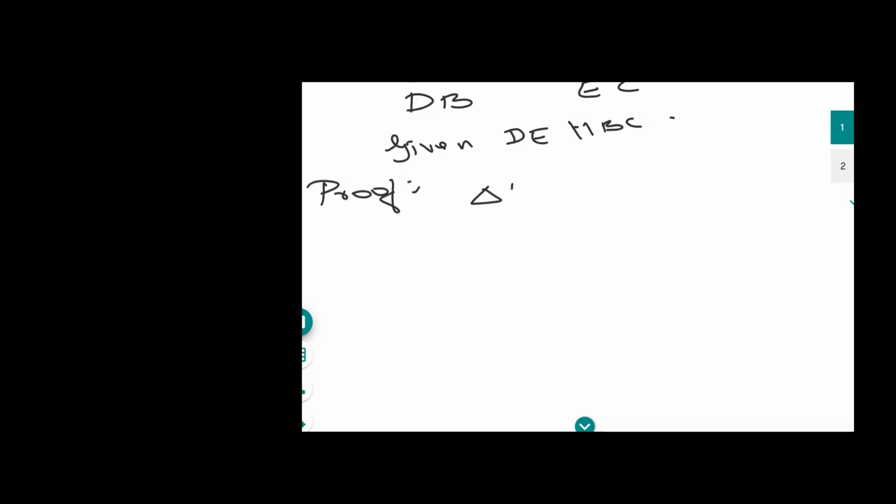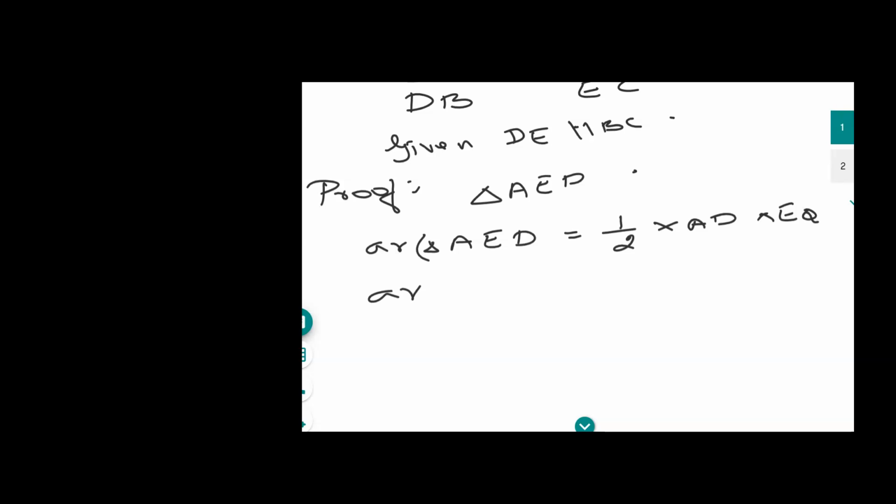Consider the triangle AED. Now area of triangle AED is equal to half into AD into EQ. Same way, area of triangle DEB is equal to half into DB into EQ.